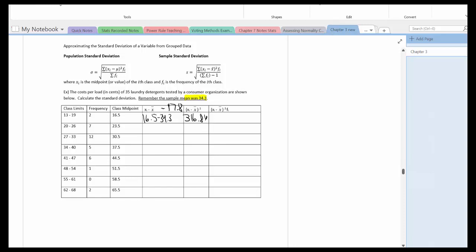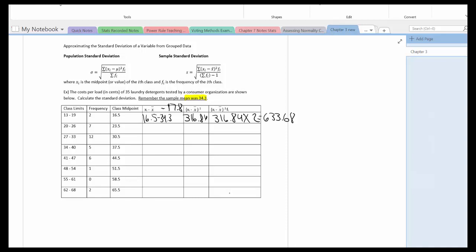And then I would take that particular value times the frequency. And we would do this for every row. We would add up the very last column. And again, depending on if it's a population standard deviation or the sample standard deviation, we'd either divide by the frequency or divide by the frequency minus 1, then take its square root.